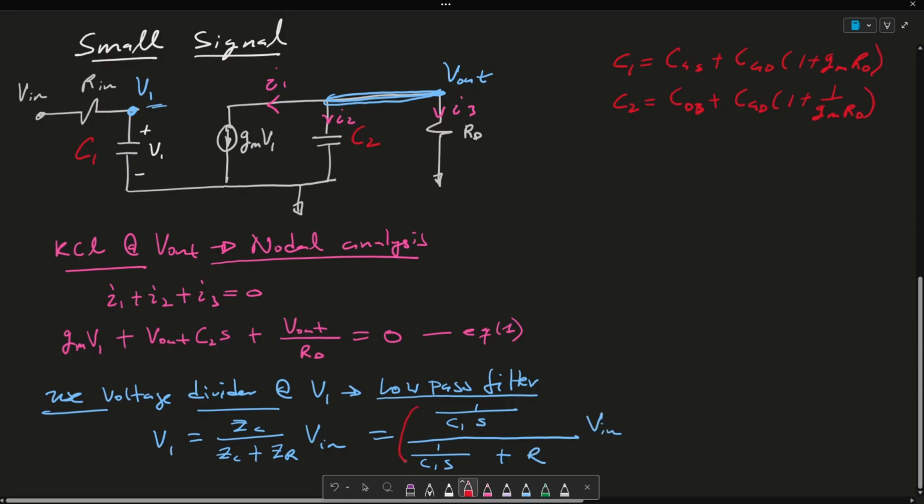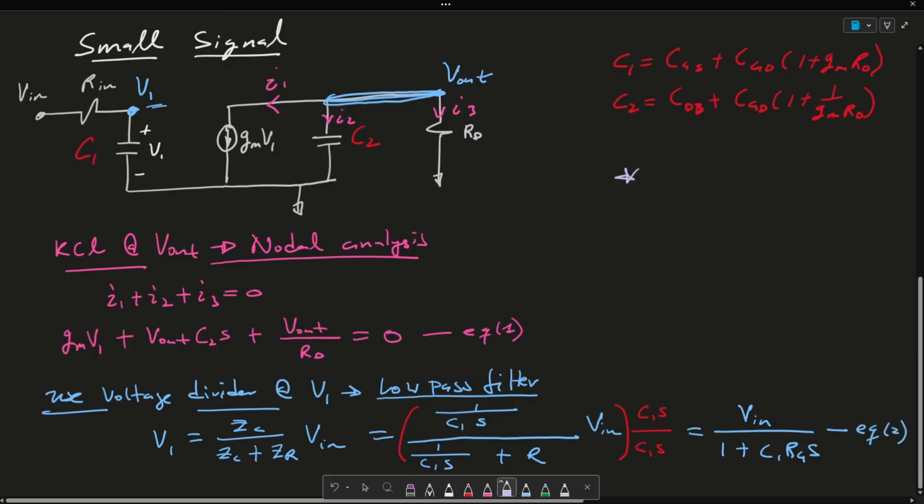If I multiply numerator and denominator by C1S over C1S, I am going to get Vin over 1 plus C1 RG times S, making my equation number 2.